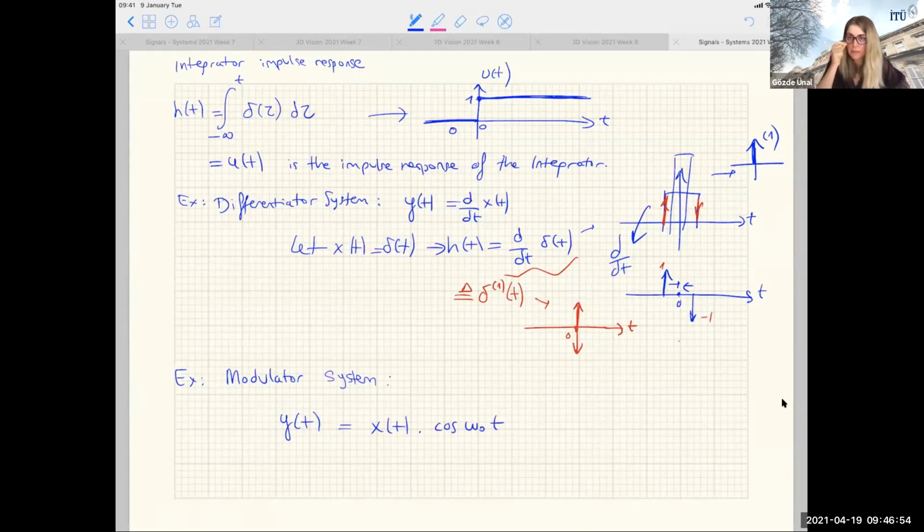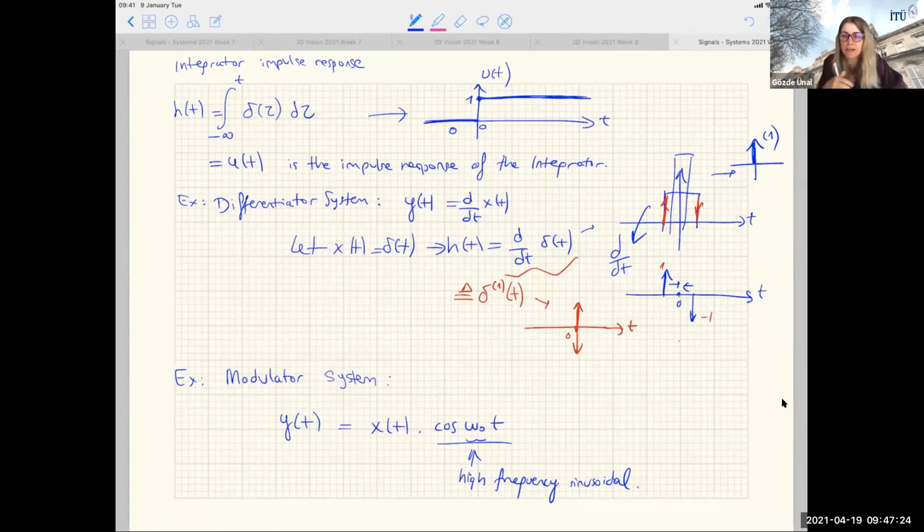Remember, we mentioned this, and we said this is typically a high frequency carrier signal, typically a high frequency sinusoidal. And we will see it in the spectrum representation. Remember, we were doing all spectrum representation. Starting in the coming weeks, we will go back to spectrum representation again.